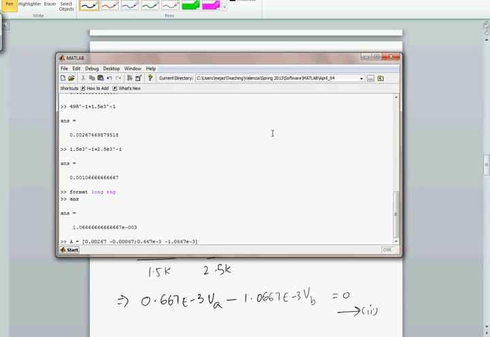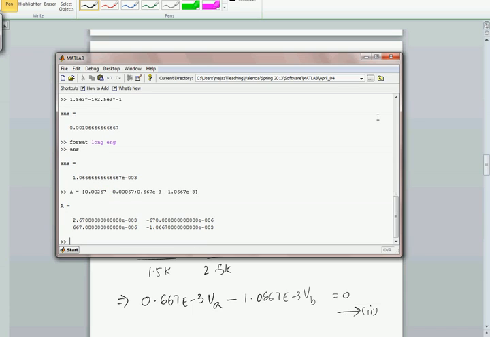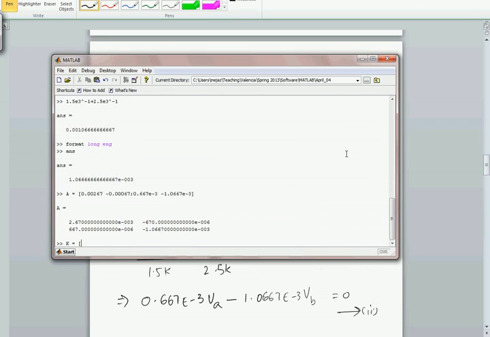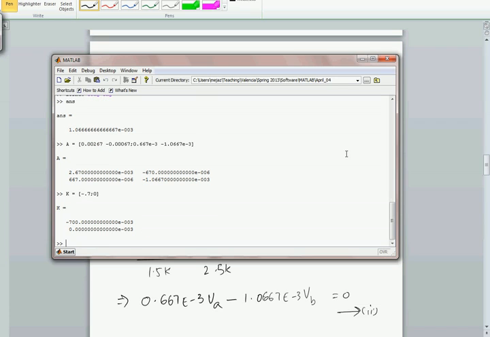That's my matrix A, and then my constant vector is going to be -0.7 and 0. Okay, so my voltages will be equal to A inverse times the constants.